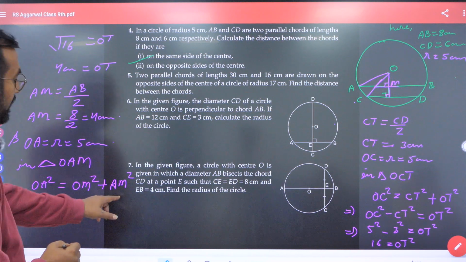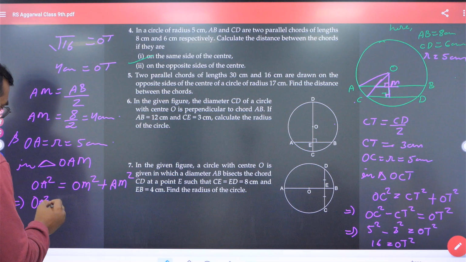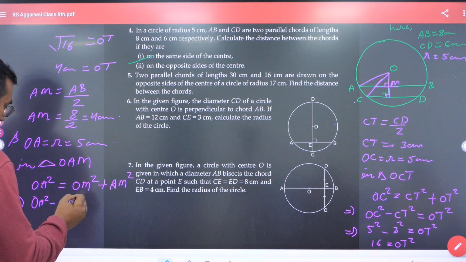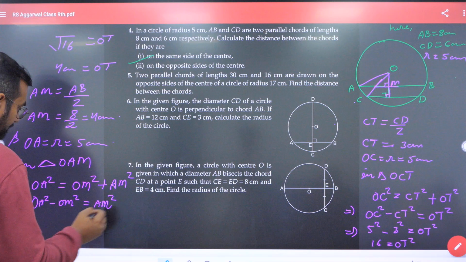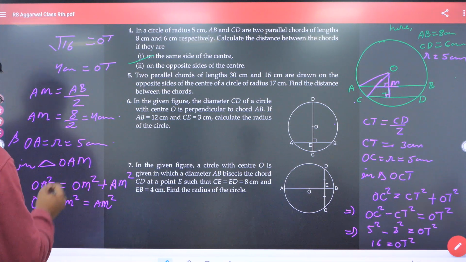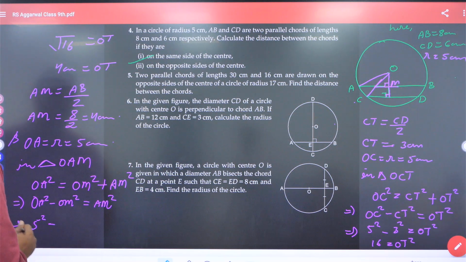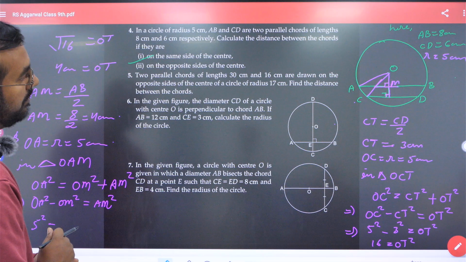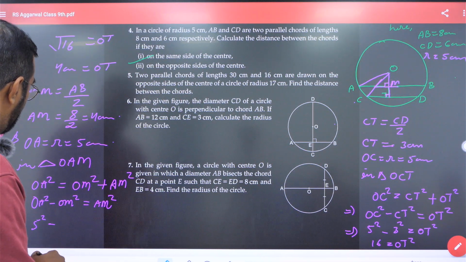Now we have to find AM, so we'll transpose OM. OA square minus OM square is equal to AM square. OA is 5. 5 square minus OM is... OM. We have to find OM, right? 1 minute, beta.